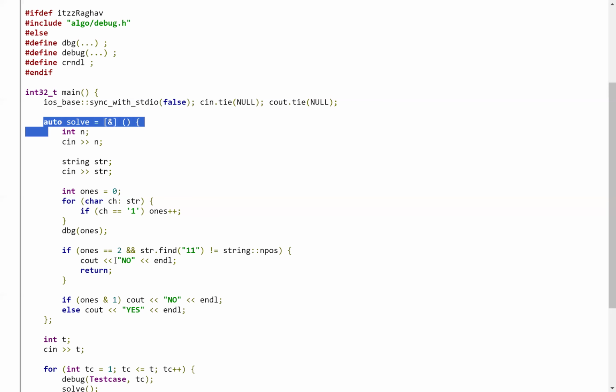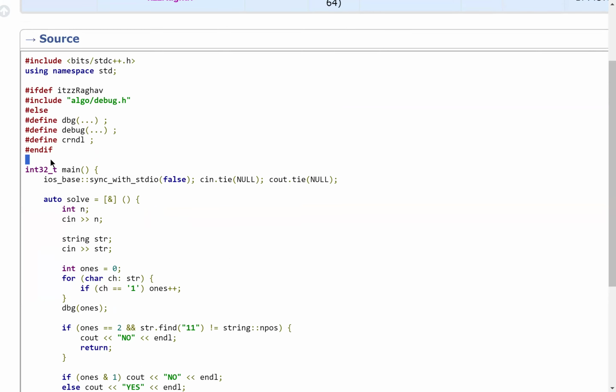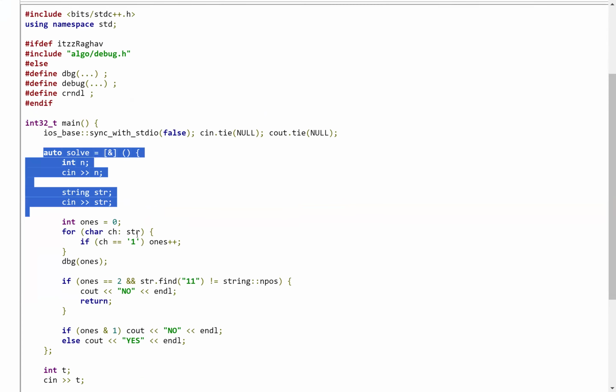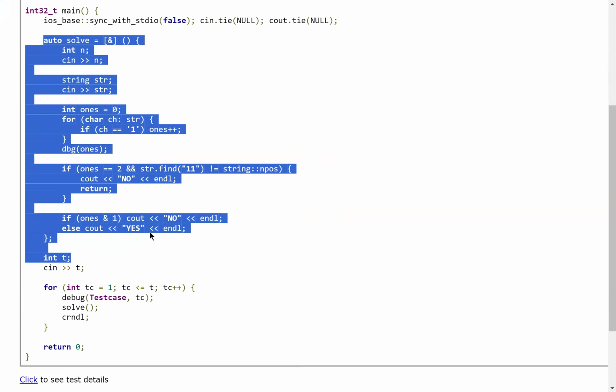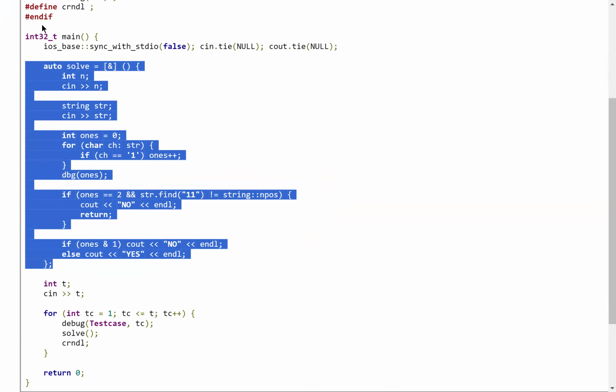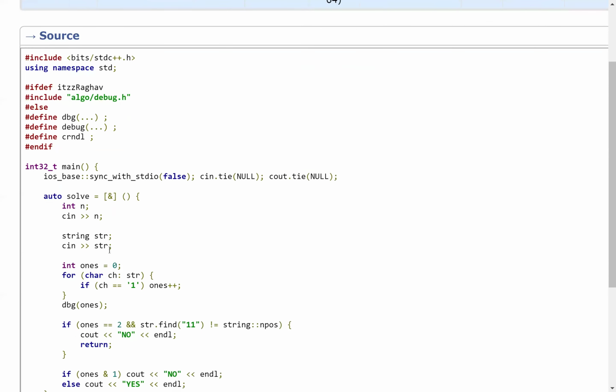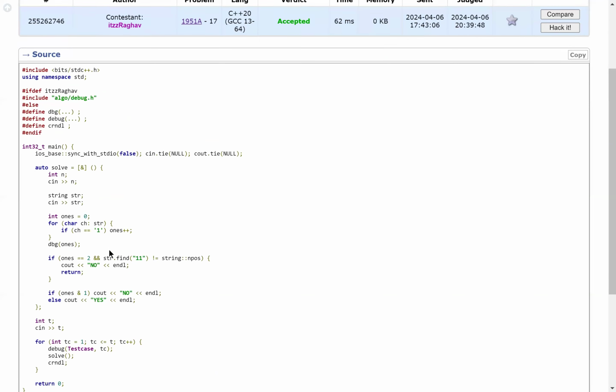So I feel that anonymous functions are better. One more advantage is, if I define a function globally, it can access only the variables which are defined globally above that function. Whereas a function which is declared at this place can use everything which I declare at this place. So if I have to do some pre-computation in some problem, it would be a lot simpler for me.